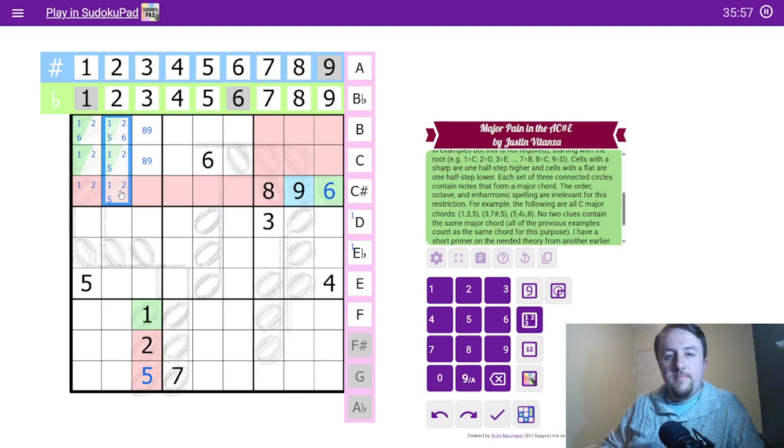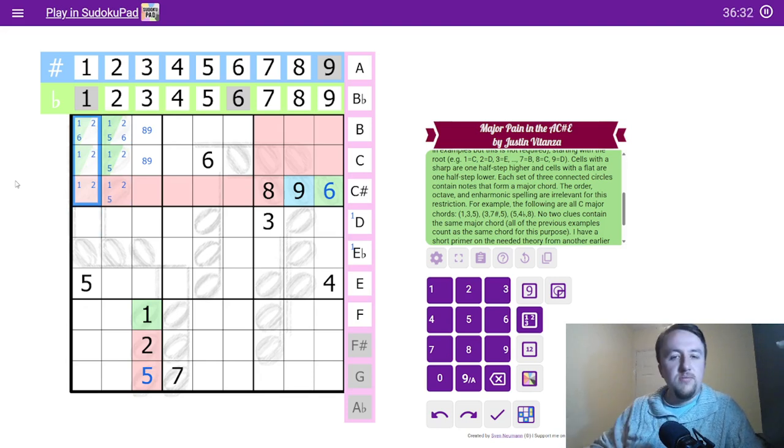I don't think we could do anything else. No, we could do flat 1, sharp 5 and 3 to make E major, but that becomes a problem because then we've used the sharp and the flat and we can't use either of those for this.